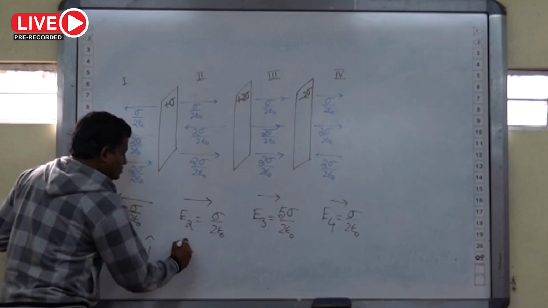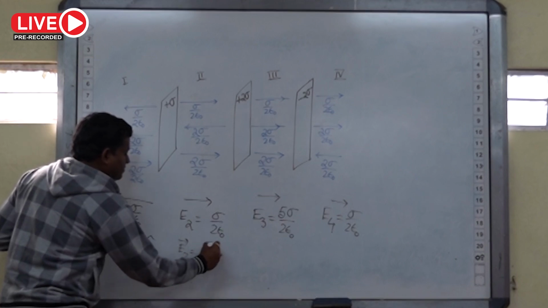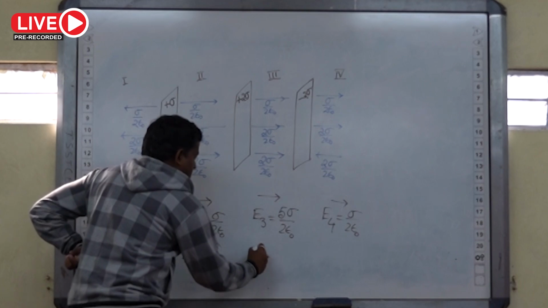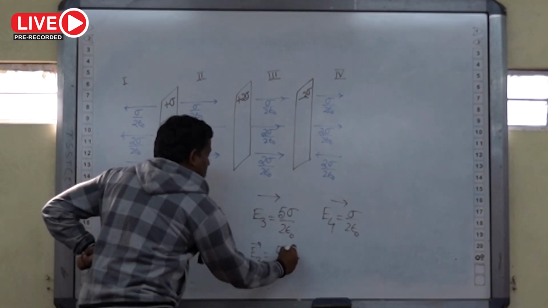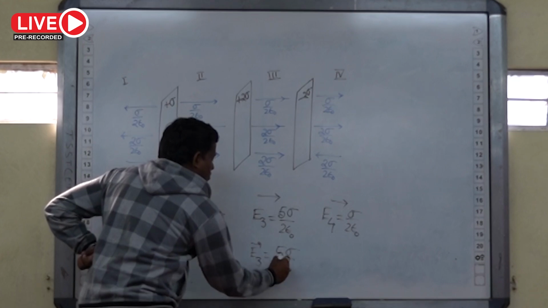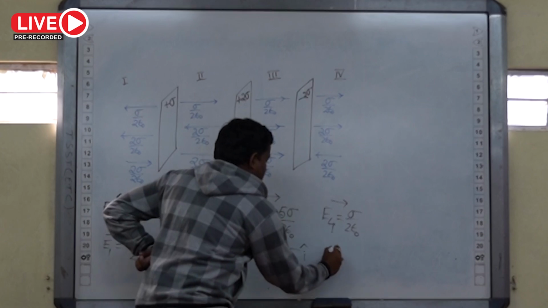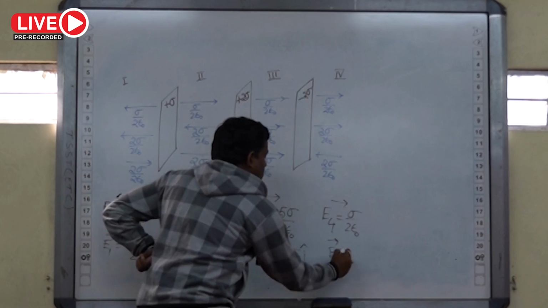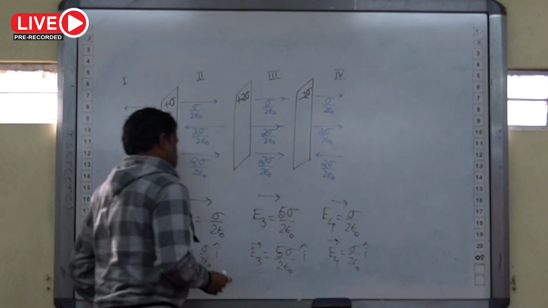E2 equal to sigma by 2 epsilon naught plus i cap. E3 equal to 5 sigma by 2 epsilon naught plus i cap, and E4 sigma by 2 epsilon naught i cap.